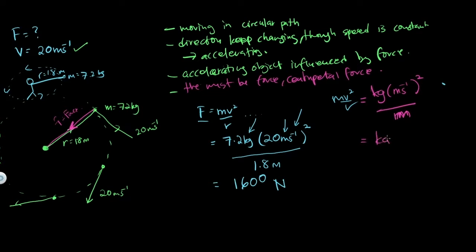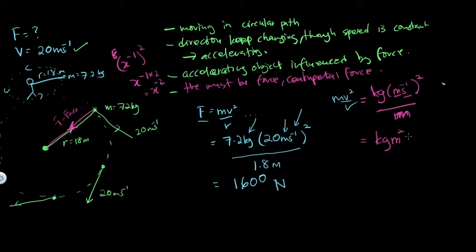So we get kilogram meter square. Use what you had learned in your maths. Let's say we have x minus 1 squared, we get x minus 1 times 2, which is x minus 2.